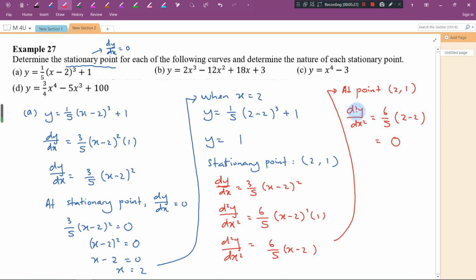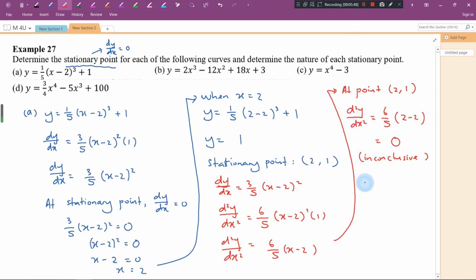When the second derivative is 0, it is inconclusive. It means we still cannot conclude whether this stationary point is a point of inflexion, maximum point or minimum point. So we need to go back to the first derivative test.